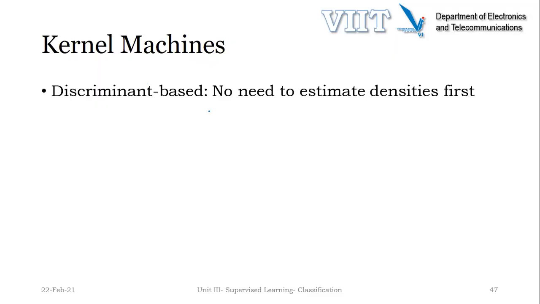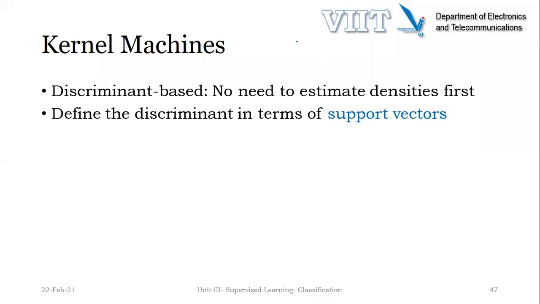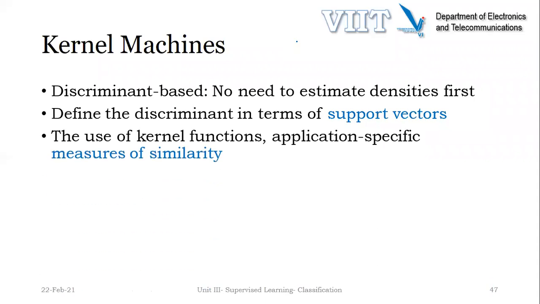So it is a discriminant based function. We need not estimate the densities or the probabilities. How the discriminants are defined? They are defined in the form of support vectors. So we are going to understand the concept of support vector here.